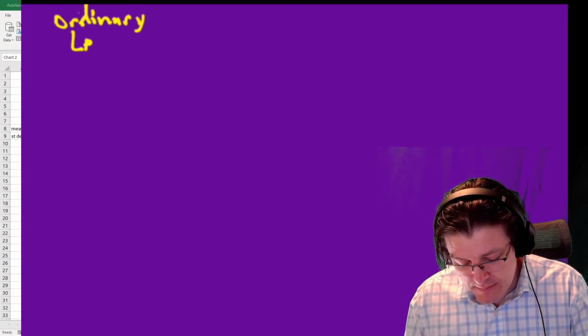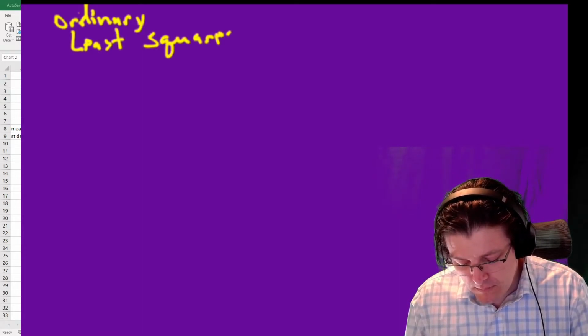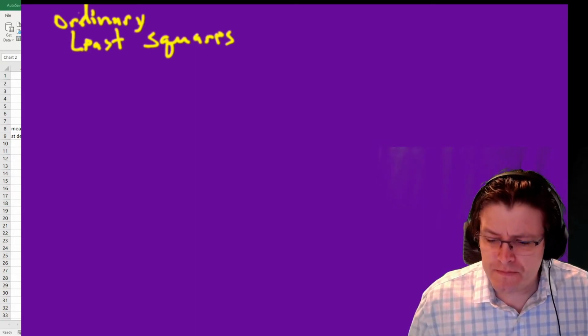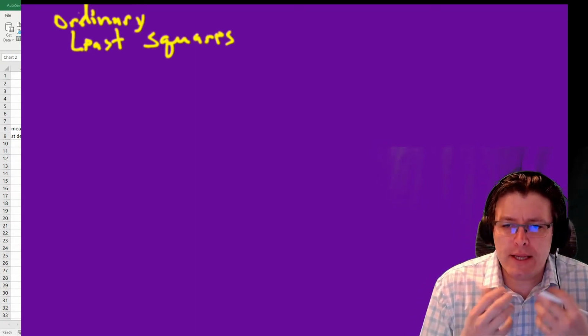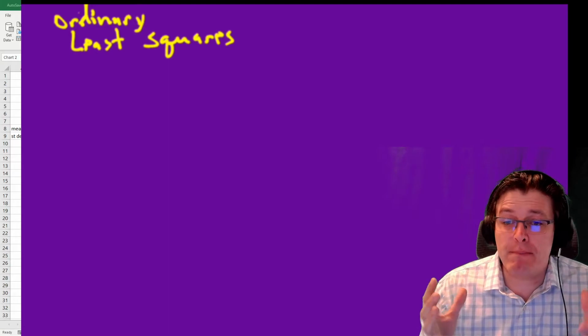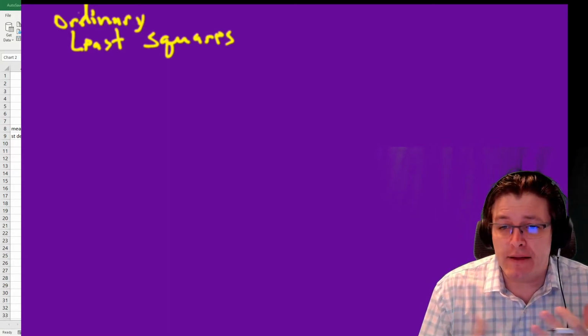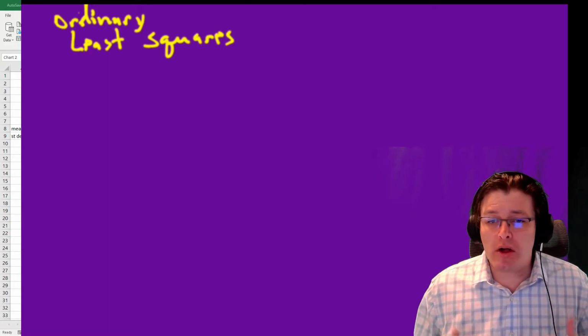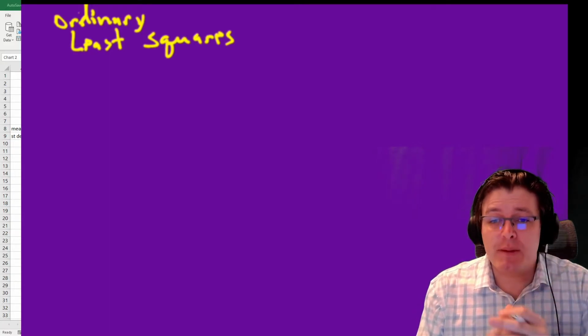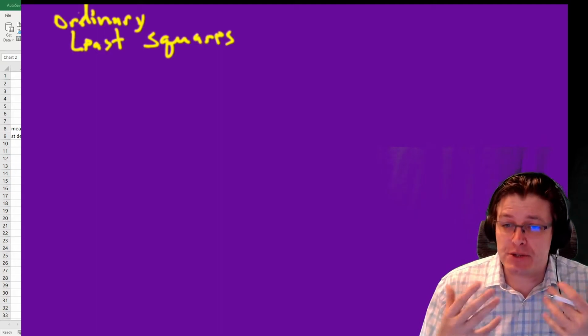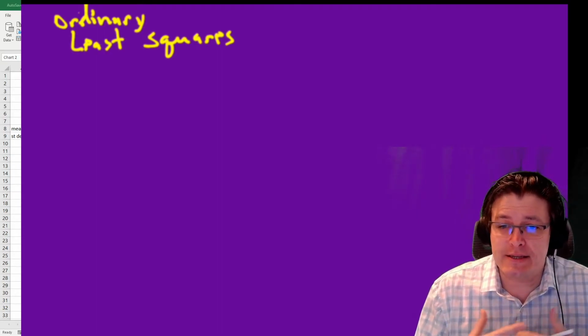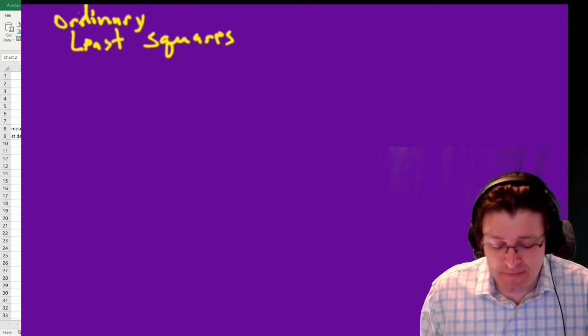It really has to do with how do we minimize the squares? How do we get the least amount of squared values? This is all going to be back to deviations from the mean squared, and so you can see why correlation is the foundation of this.